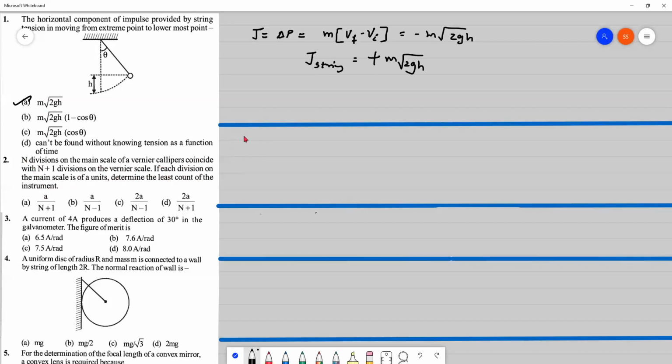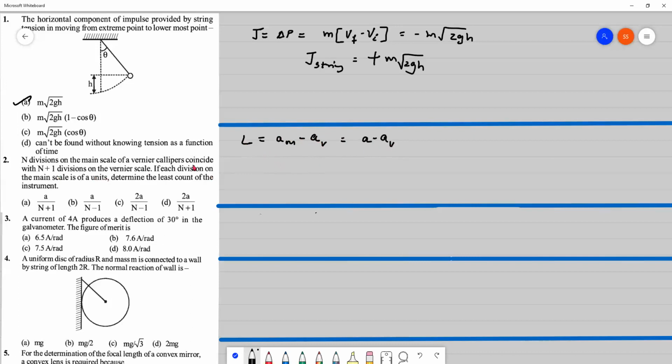We know that the least count is one division on main scale minus one division on vernier scale, that is A_M minus A_V, where A_M is one division on main scale and A_V is one division on vernier scale. So here this is A, and the other we will have as A_V. So least count is A minus A_V.